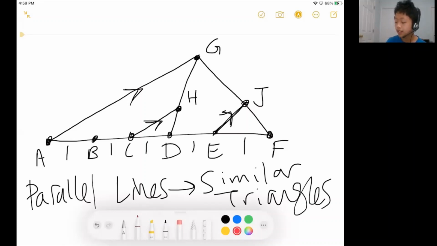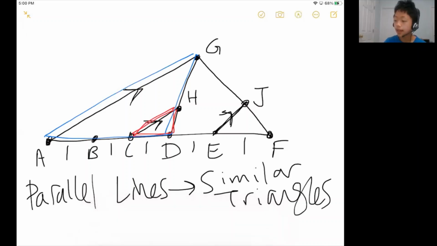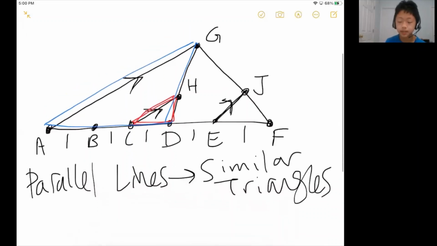So the idea is we can take a look at this red triangle, HCD, and then we can take a look at this blue triangle, GAD. And we know the red triangle has to be similar to the blue triangle. So the ratio of corresponding sides has to be equal.